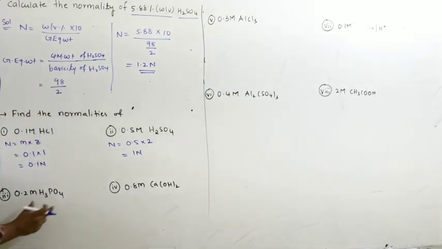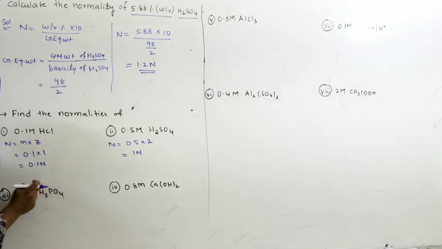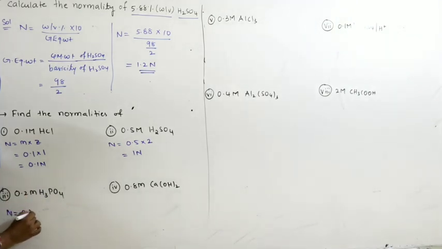Coming to this, it is tribasic acid H3PO4, tribasic acid, that means it contains 3 replaceable H plus ions. So, normality equals molarity, that is 0.2 into 3. Therefore, you will get 0.6 normal. So, 0.2 molar H3PO4 is equal to 0.6 normal H3PO4.